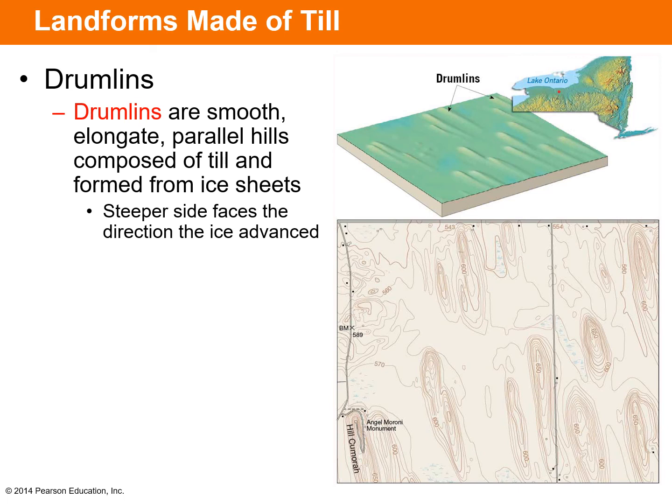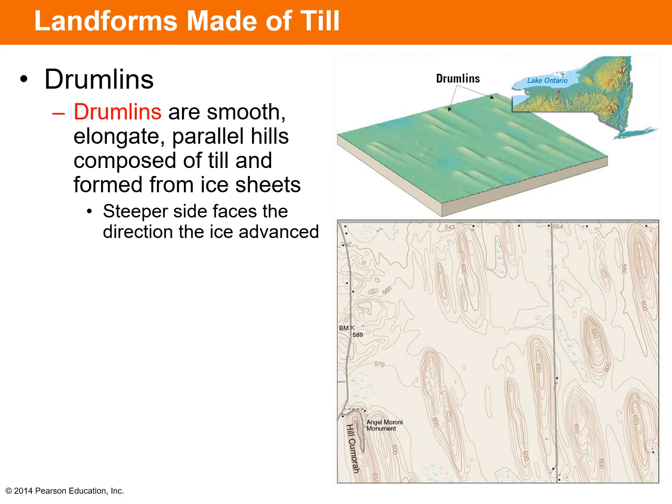Okay, so one more landform made of till are drumlins. And these are sort of smooth, elongated, parallel hills that are composed of till. And they're formed by ice sheets, so they don't form in alpine glacier environments.